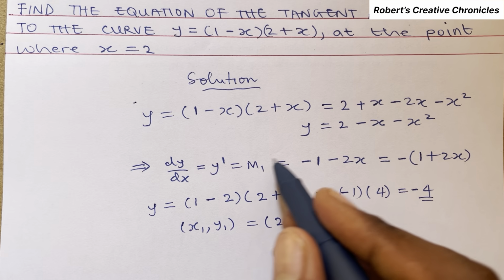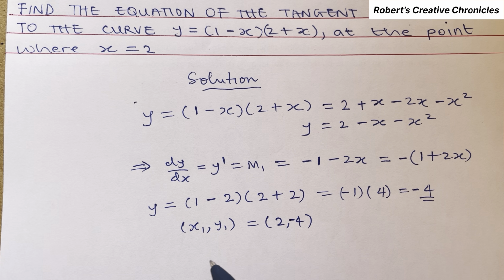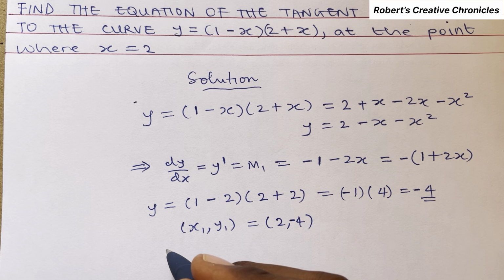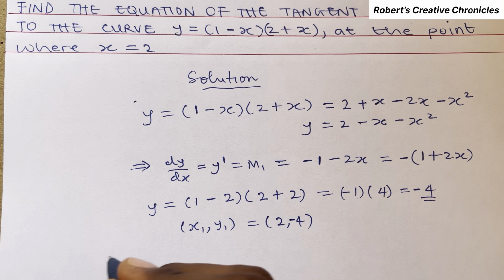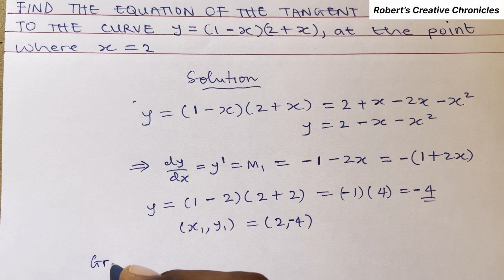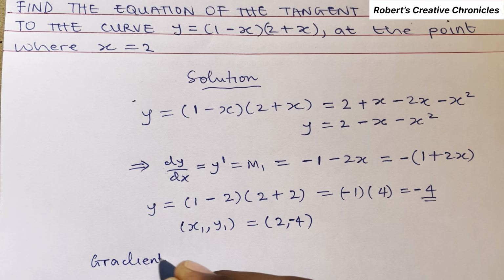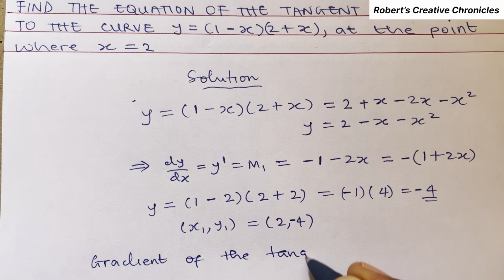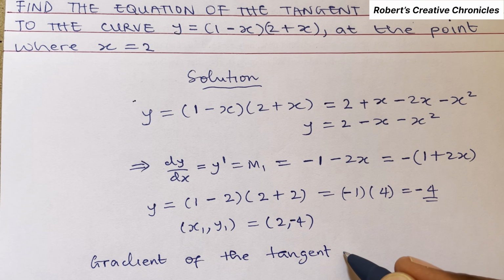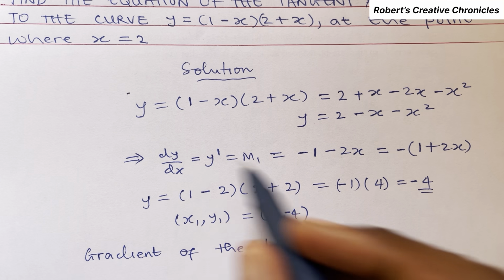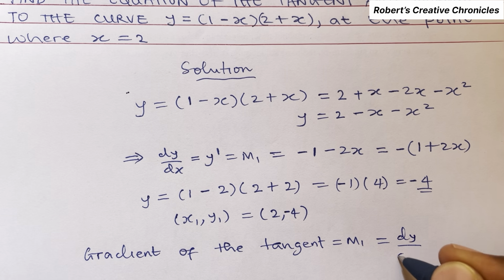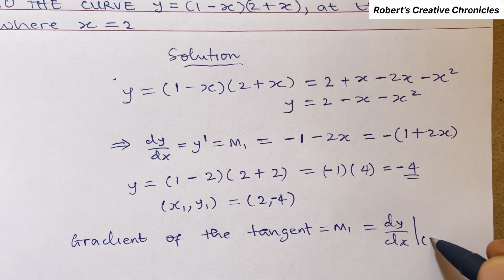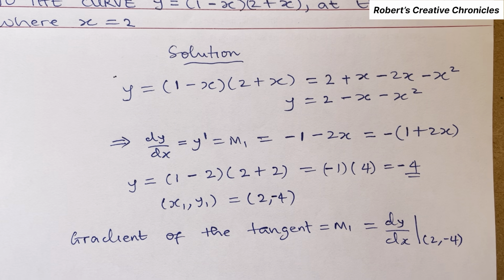So now we'll find the gradient of the tangent, which is equals to what? dy over dx at this point, (2, negative 4).